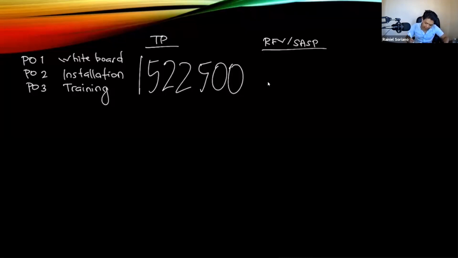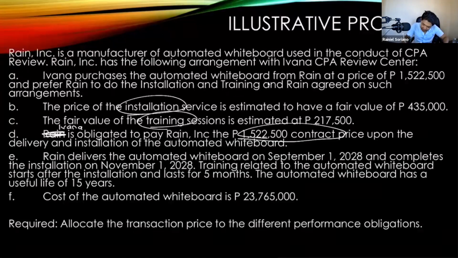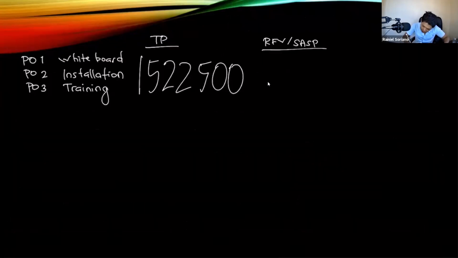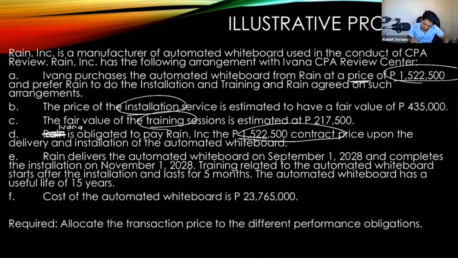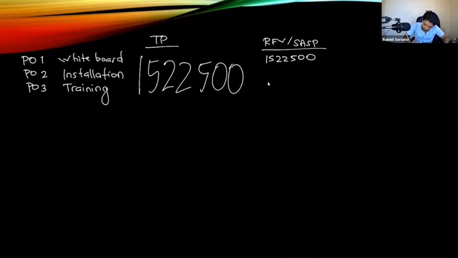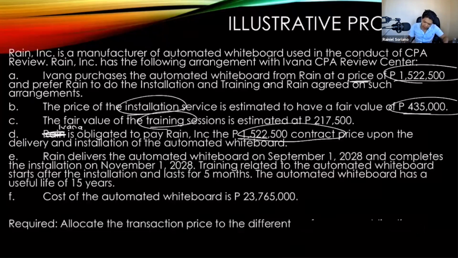Okay? The relative fair value of the whiteboard is actually 1,522,500. So, lalagay ko dito 1,522,500. While for the installation, sabi ng letter B, the price of the installation service is estimated to have a fair value of 435,000. So lalagay natin dito 435,000. Then performance obligation number 3, nasa letter C, the fair value of the training sessions is estimated at 217,500.